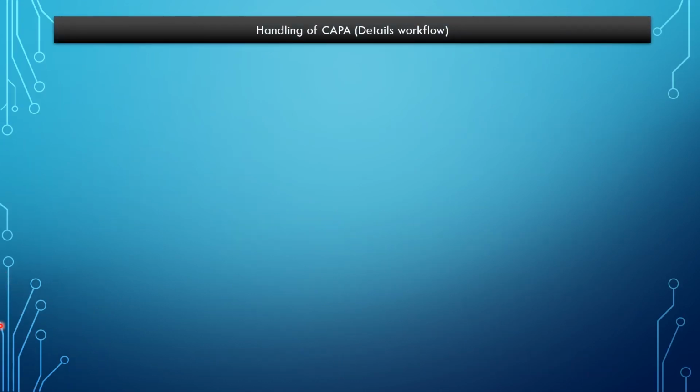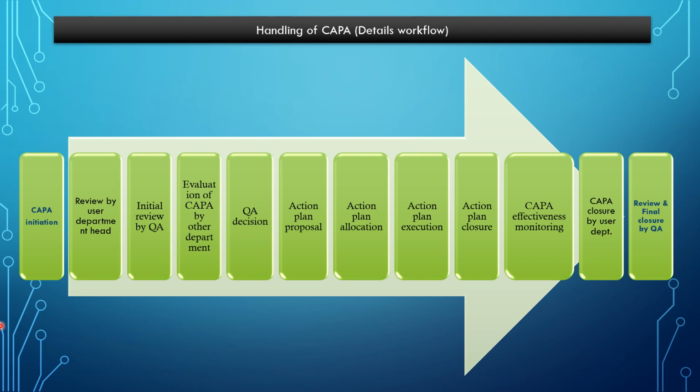Now in this slide we will discuss the handling of CAPA, that is the details of the CAPA workflow, and in the next slide we will discuss the details of a practical approach to write a CAPA. Many organizations nowadays are using automated systems for the CAPA life cycle, such as TrackWise and QMS systems, and some small organizations are still using manual procedures. In the first step, you need to initiate the CAPA against some event. This CAPA will be reviewed by the user department head, who will provide comments.